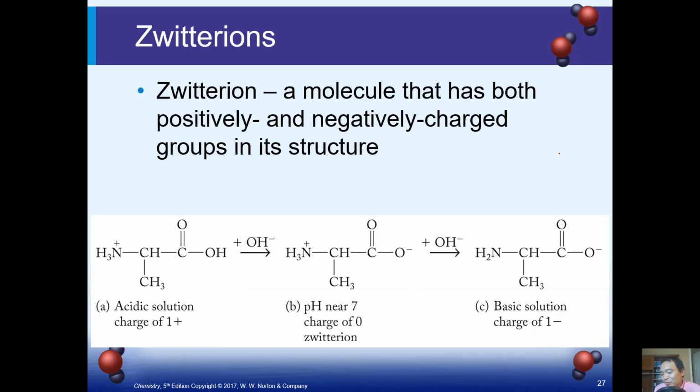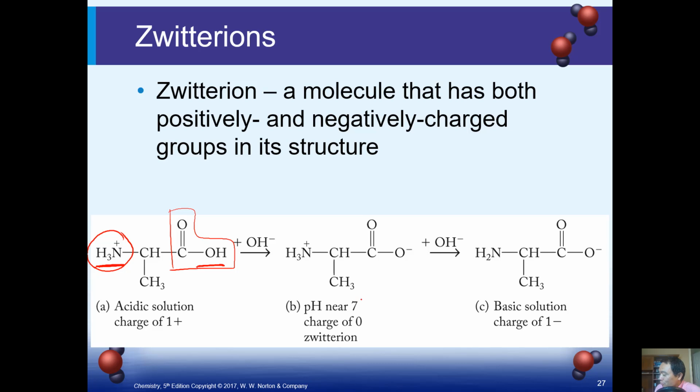You might have also noticed one thing, as we mentioned, on the structure of the amino acid. Sometimes it's written differently. Over here, the first one, you do see the NH3 has picked up one hydrogen. And for the carboxylic acid functional group here, the OH is retained, right?